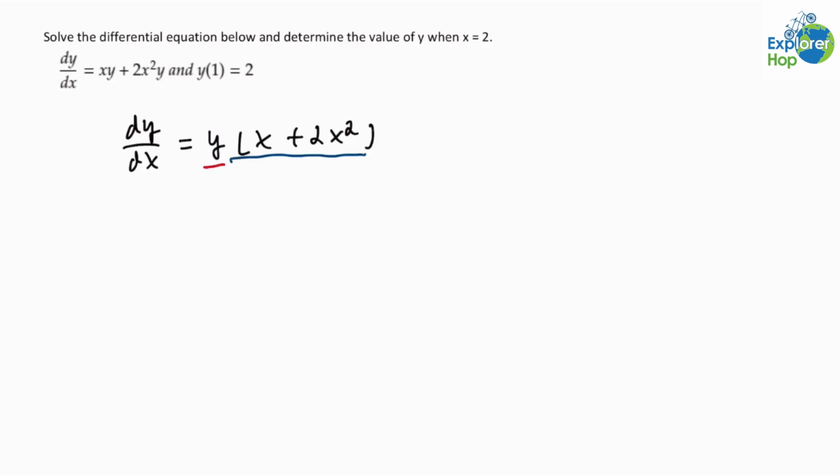So we can divide both sides by y and move dx to the other side, and we get that dy over y is equal to (x plus 2x squared) dx.